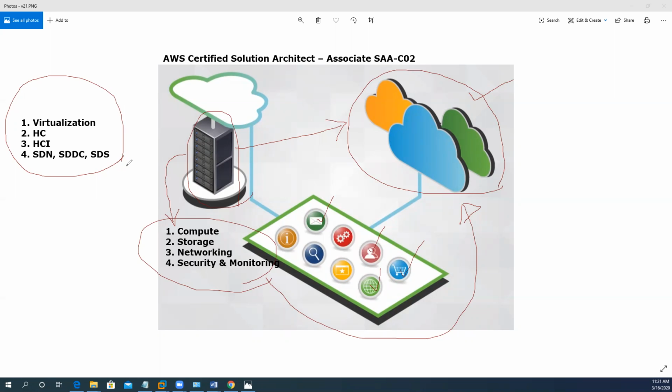If you want to get the basic concept or idea about cloud technology, you must take knowledge about virtualization, converged infrastructure, hyper converged infrastructure, and SDN, SDDC, SDS and other related technologies to this IT infrastructure.